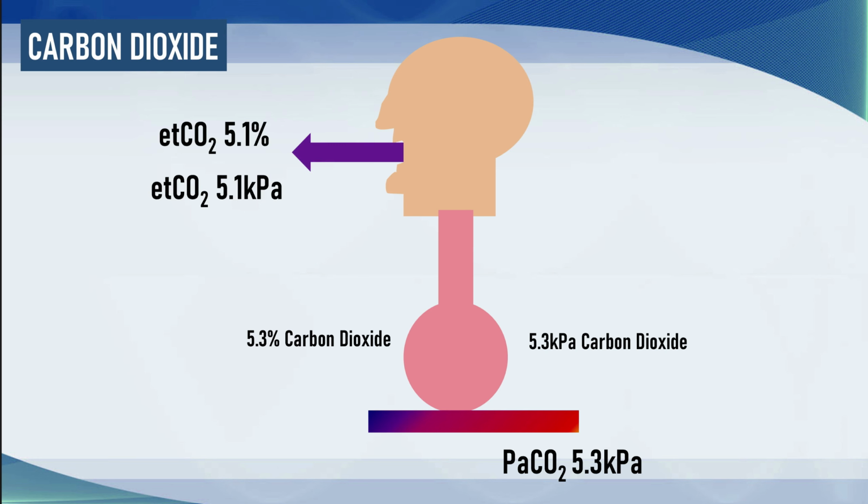That translates to an end-tidal CO2, that's CO2 in expired gas, that is 0.1 to 0.2 kilopascals lower than the alveolar CO2, which is the same as the arterial CO2.